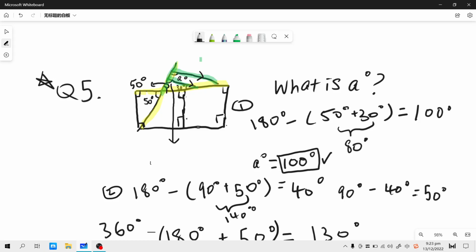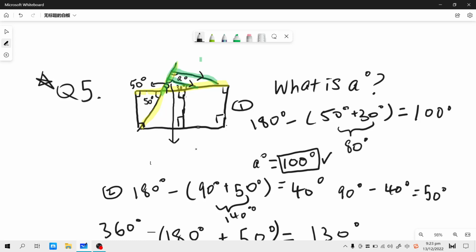Also, you do not need to do these one, two, three steps. You can also just do this. This is a straight line, so 180 degrees minus 50 degrees equals 130 degrees, which is here. So you know that this is 130 degrees. You can find out that actually this is 50 degrees. This is a straight line, right?